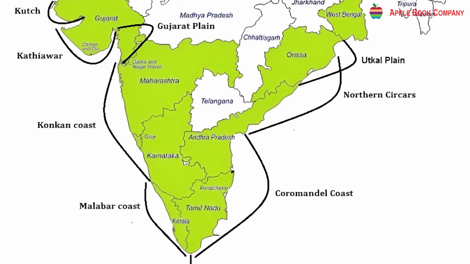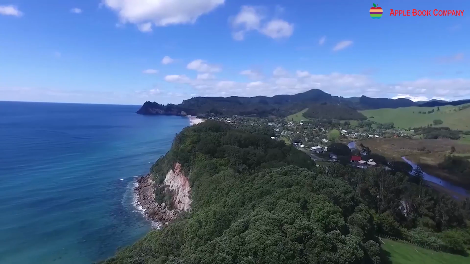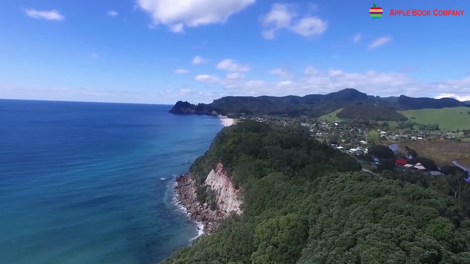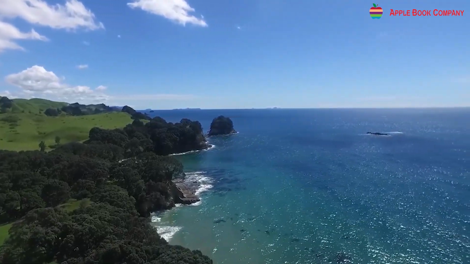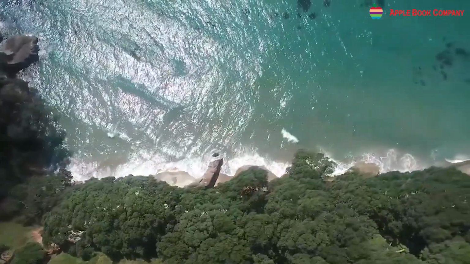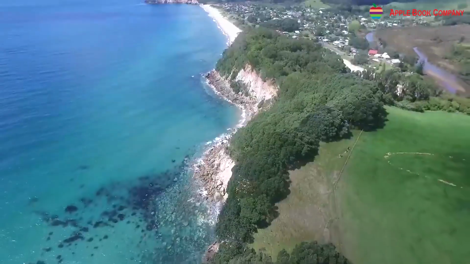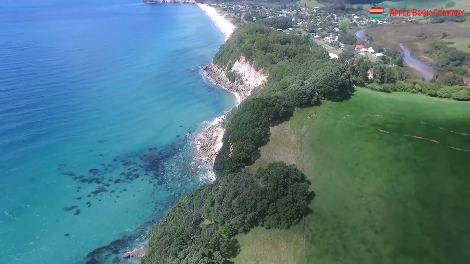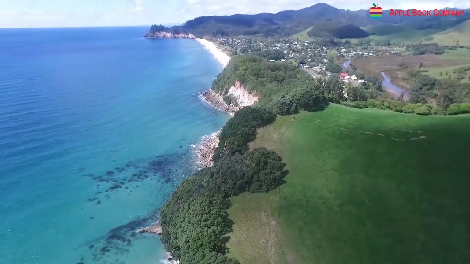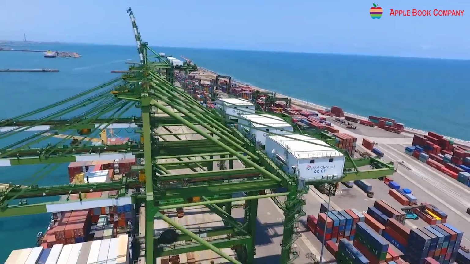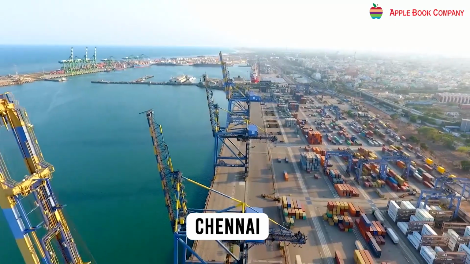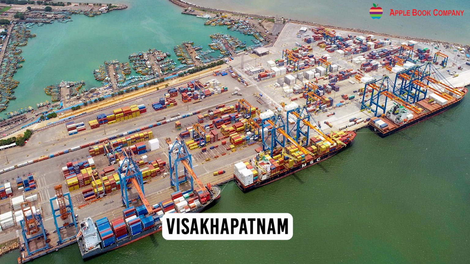The northern part is known as the Northern Sircars and the southern part is known as the Coromandel Coast. The eastern coastal plain is wider than the western coastal plain. As the coast is shallow, harbors are not formed, but we see well-developed deltas. The main ports are Chennai, Kolkata, and Visakhapatnam.